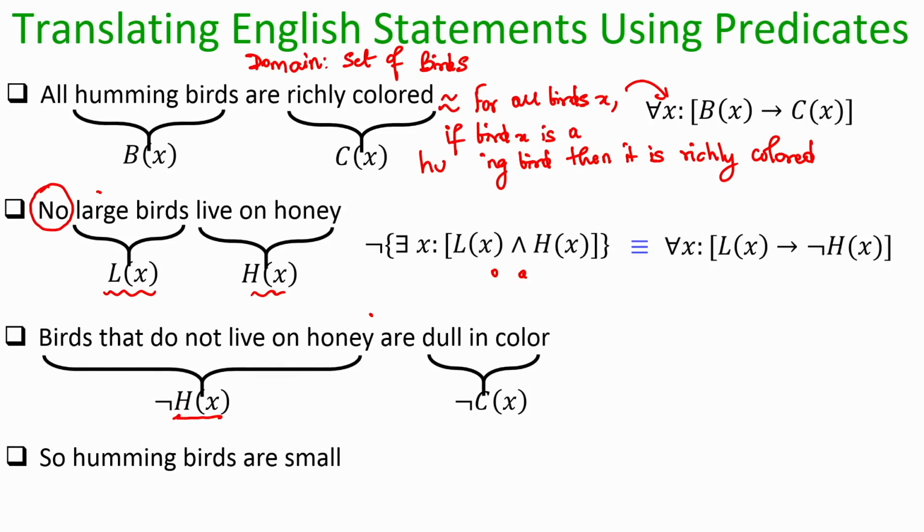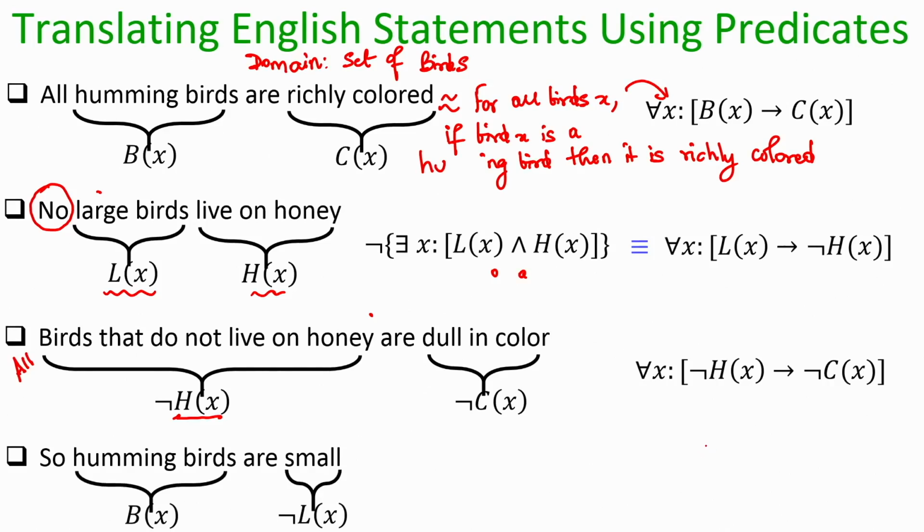It turns out that it is a universally quantified statement, because I am asserting this property for all birds. I am not saying it just for some specific bird, right. Another way to reinterpret this statement is that for all birds x, if bird x does not live on honey, then it is dull in color. So, there is an if-then involved here, and it is a universally quantified statement, and that is why this will be represented by this expression.